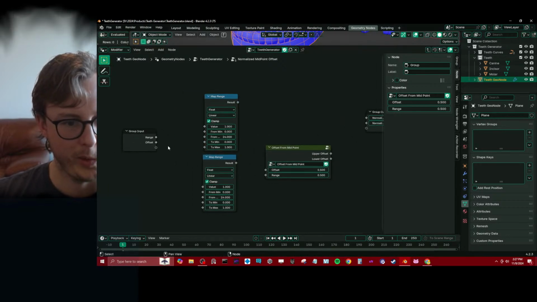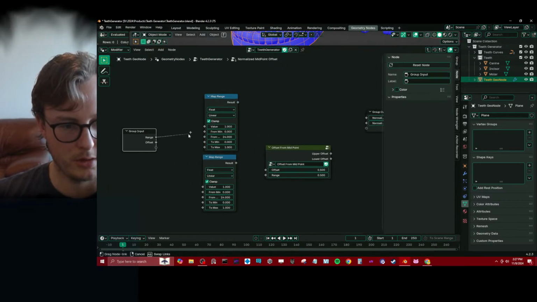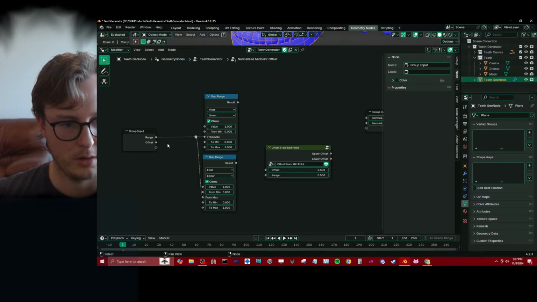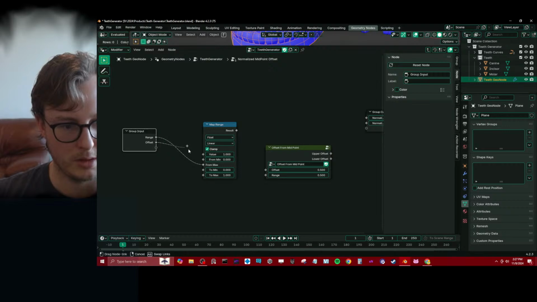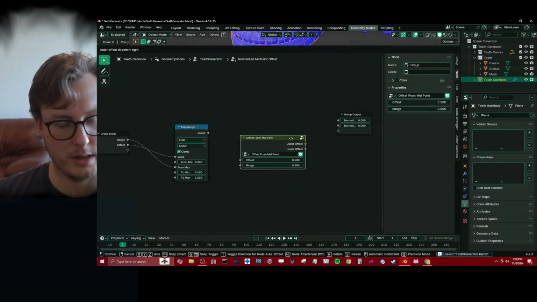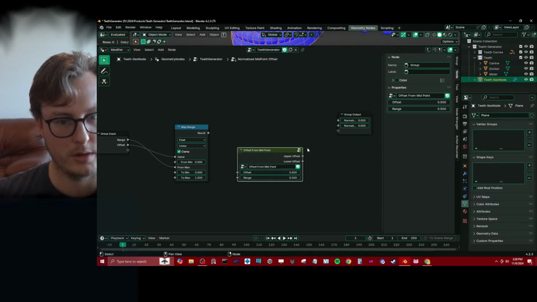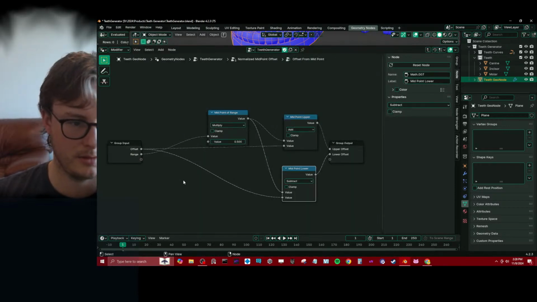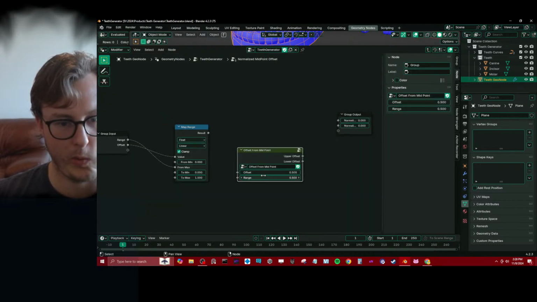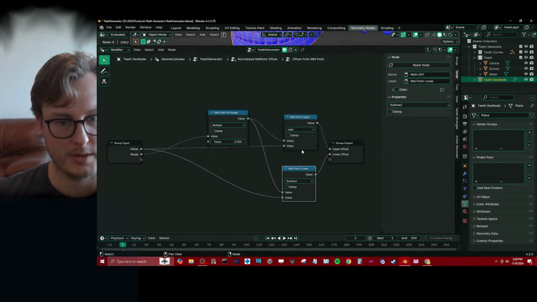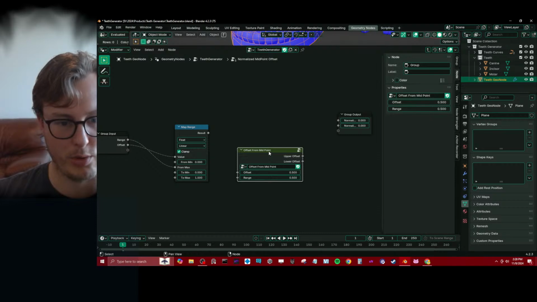So this is the range here. This is the value. Don't really need this anymore. Instead of midpoint, let's just say offset from point.